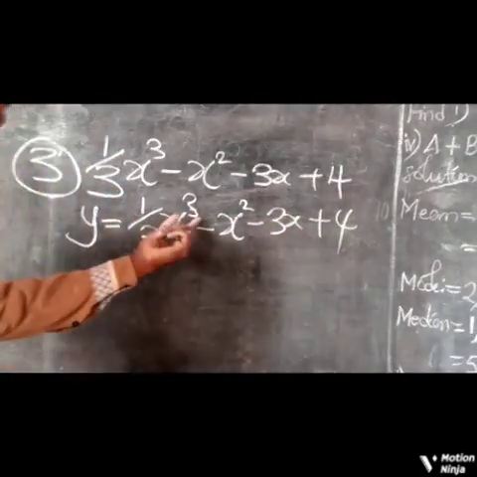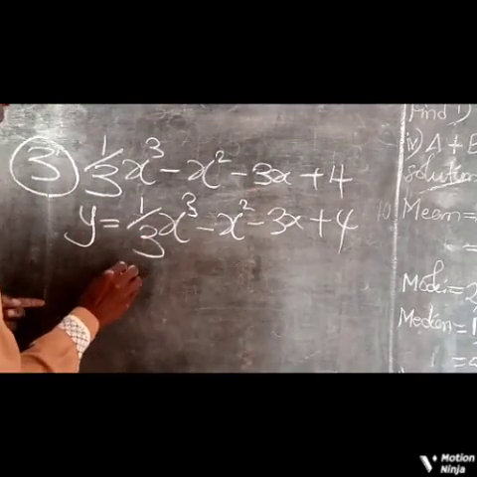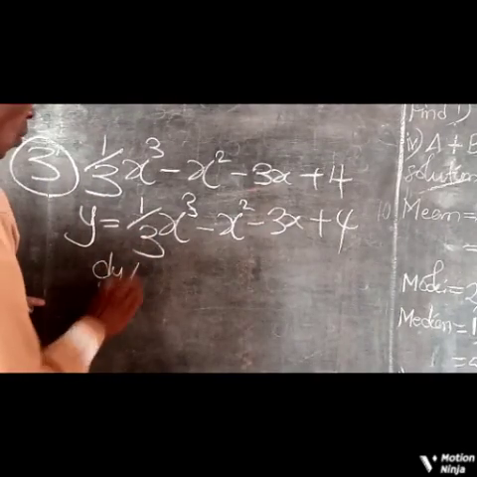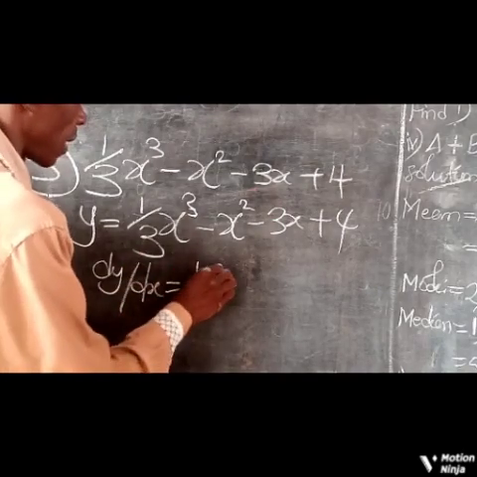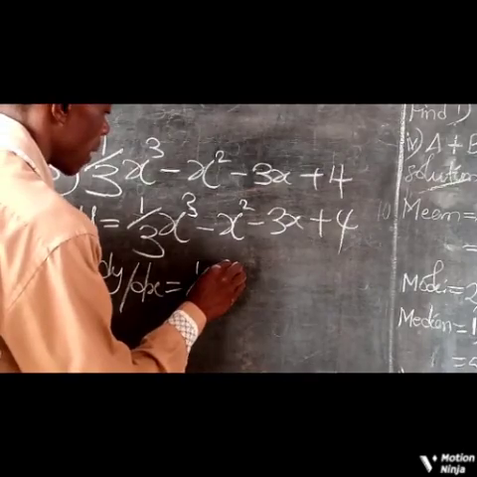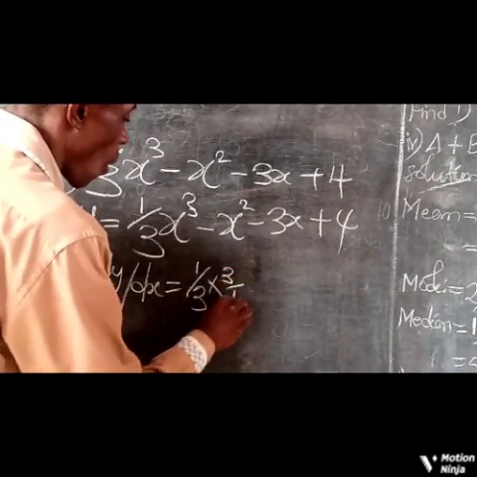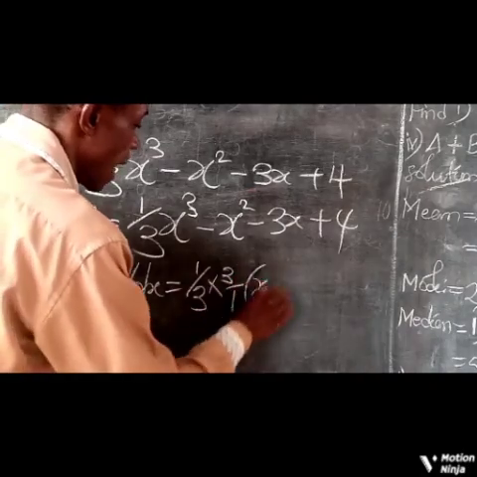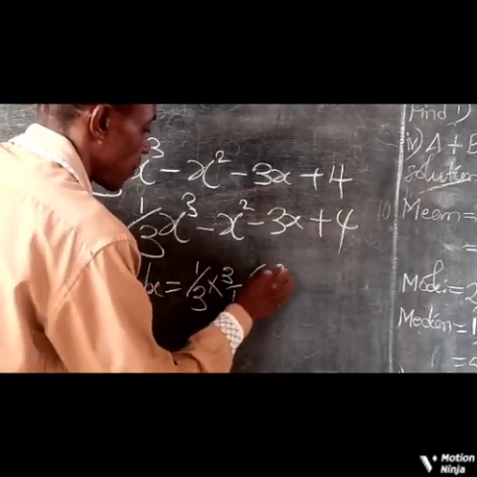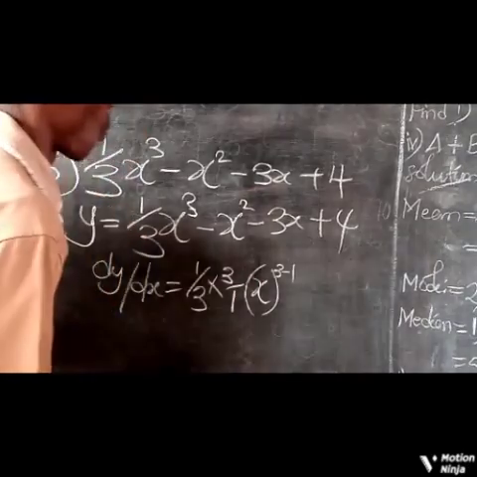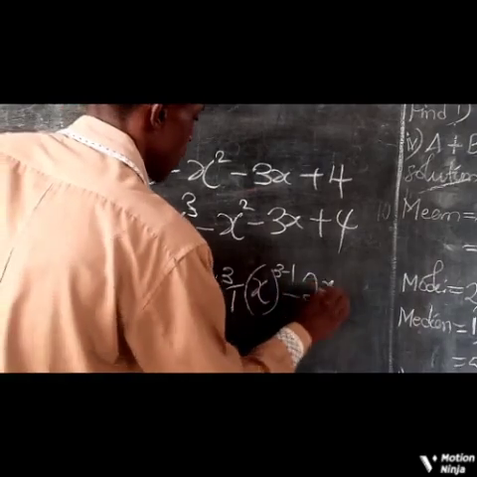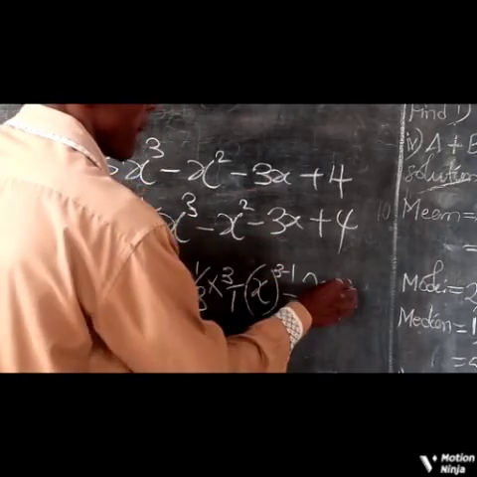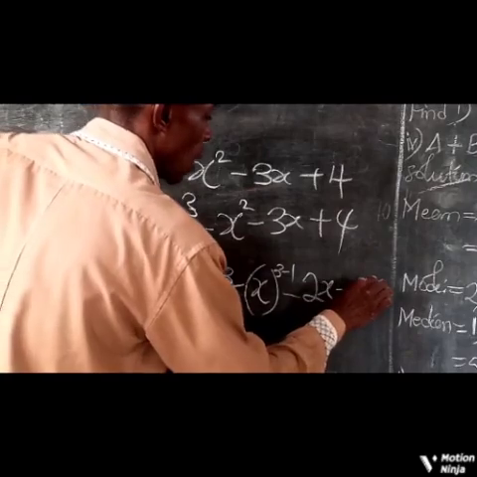From this, you multiply, and dy/dx will be equal to 1 over 3 multiplied by 3 over 1 multiplied by x raised to the power of 3 minus 1. Then this times this will give us 2x. Then this is already minus 3. And then we'll have 0.